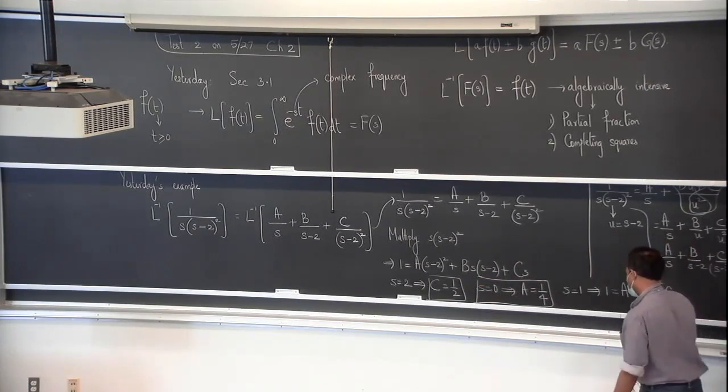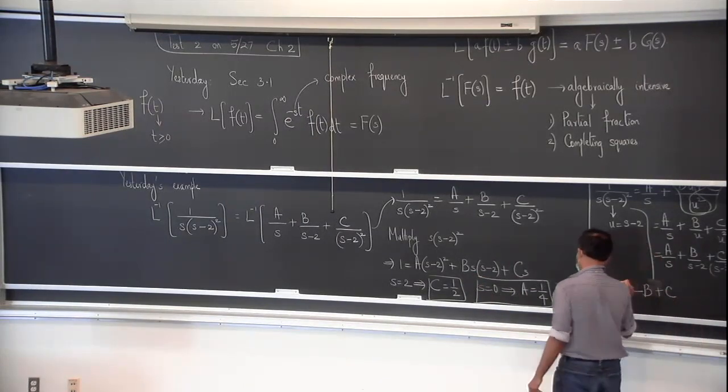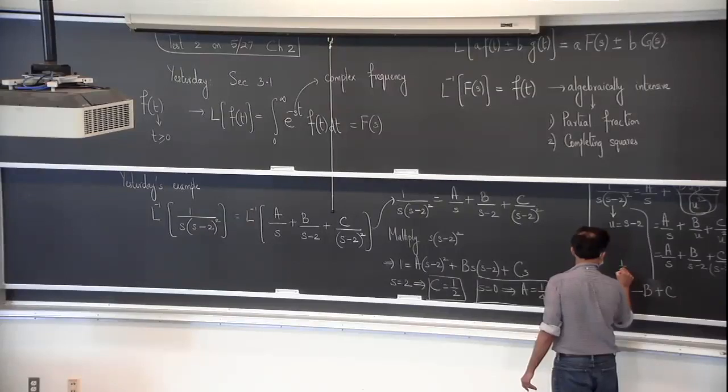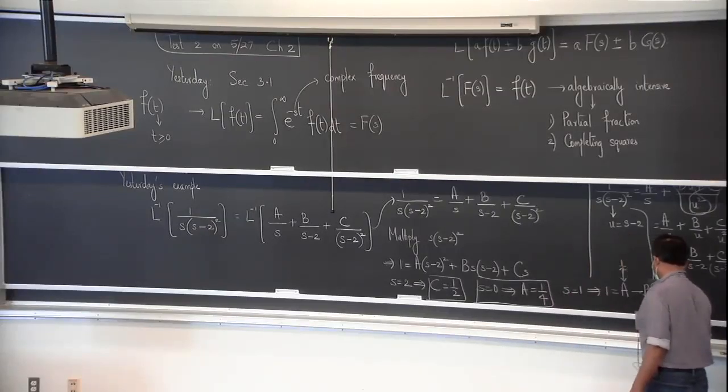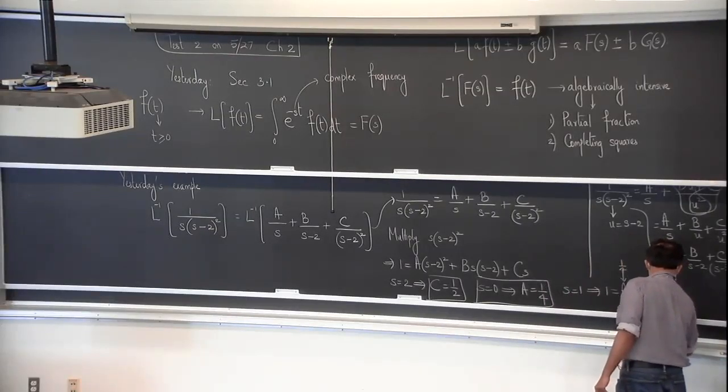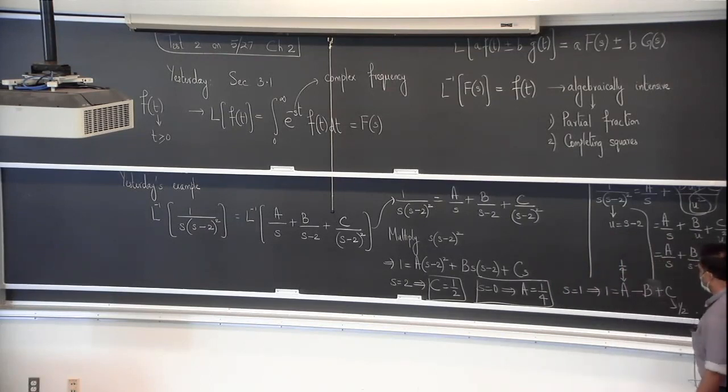And what we know are a and c. So a is 1/4, c is half, and the usual difficult part of adding fractions here. So 1/4 and a half is 3/4.